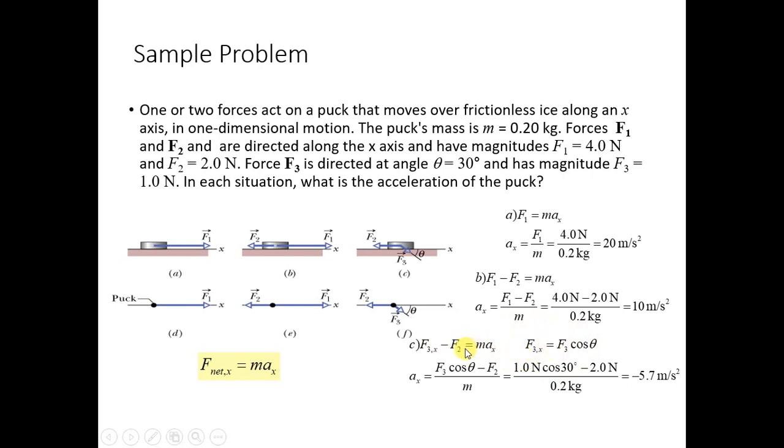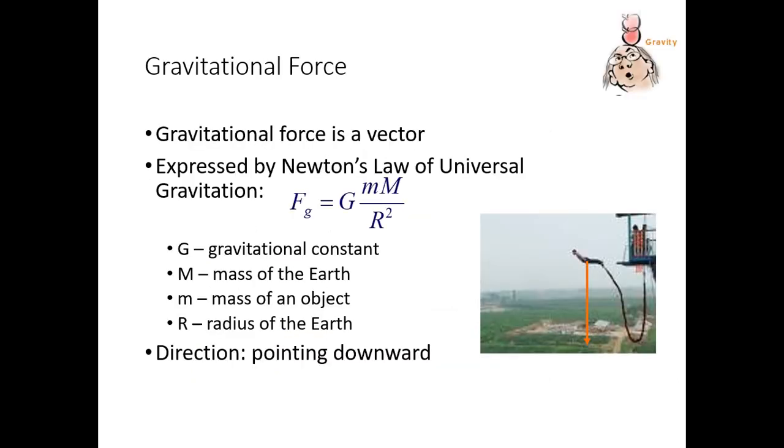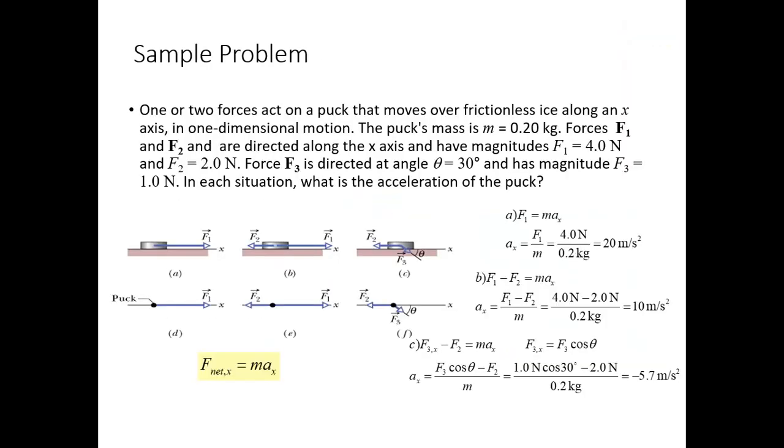So we put in the values: 1.0 newton into cos 30 minus 2.0 newtons, divided by 0.2 kg. So we get minus 0.57 meters per second squared. That is the acceleration. So this is our simple example of Newton's second law.